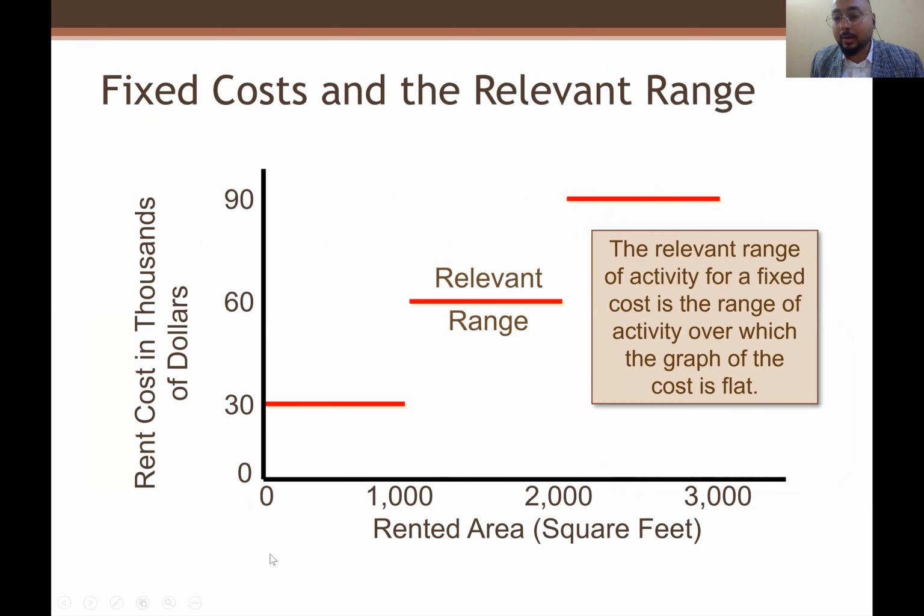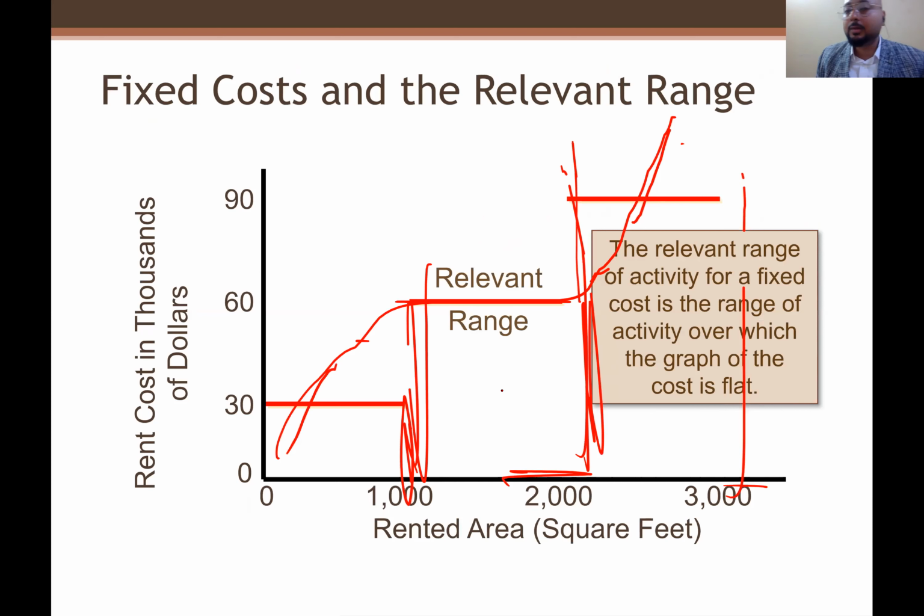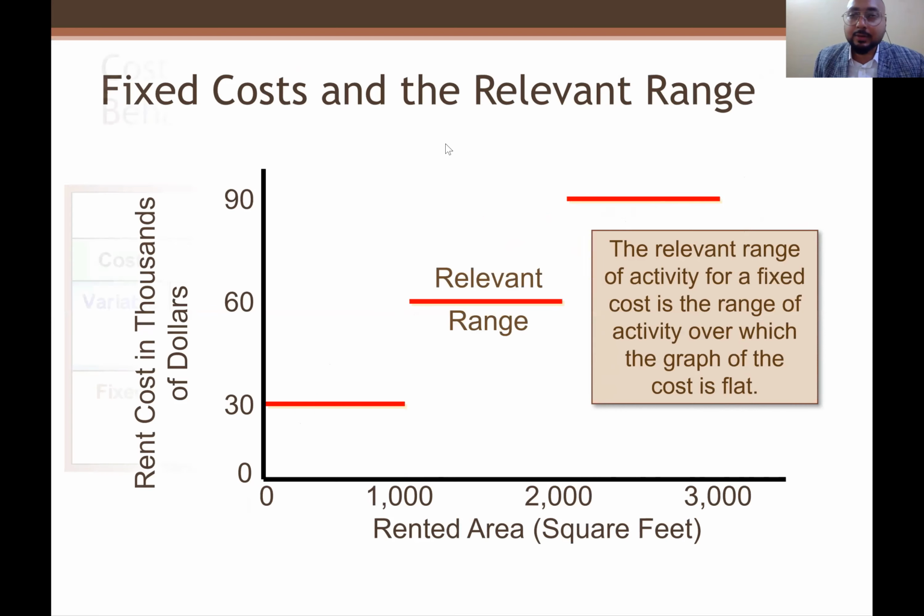So it means you cannot hire 1,500 square feet. You only hire 2,000, 3,000, all those. So in total, it looks like you have a non-linear curve, but actually, if you see the relevant range on a 1,000 units range, this remains in a linear fashion. So this is just a concept for you guys.